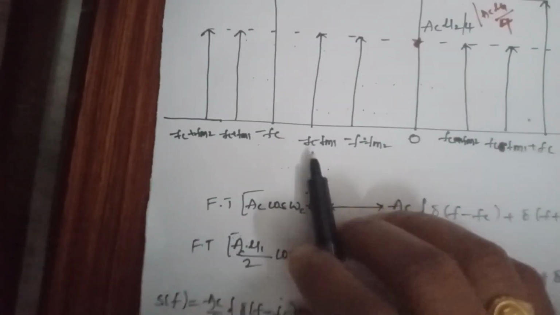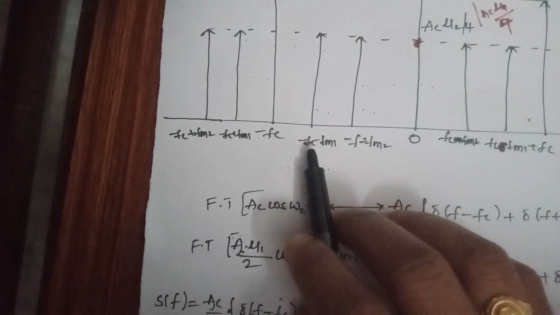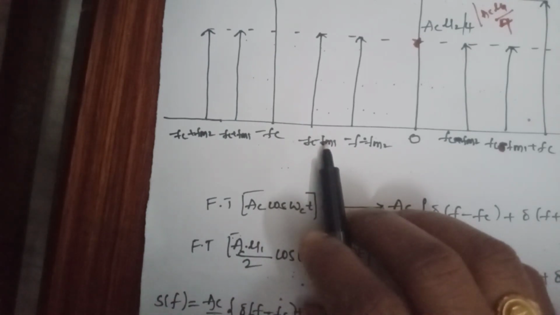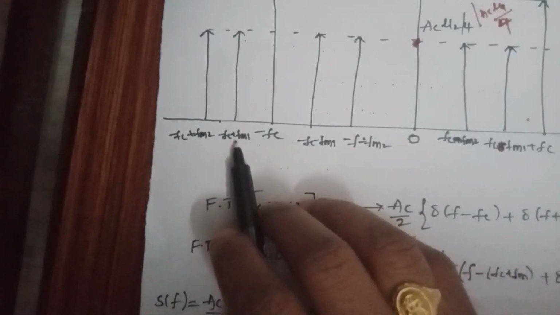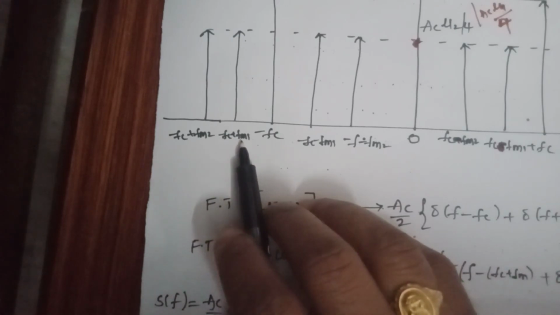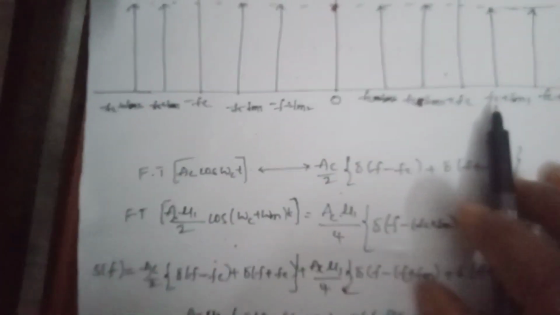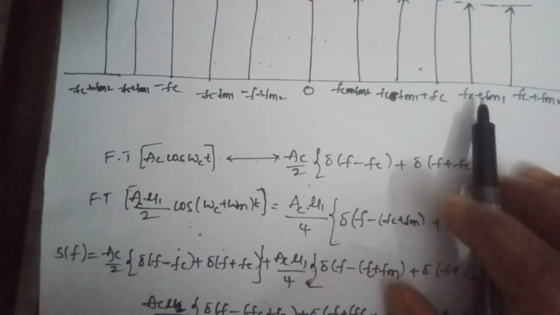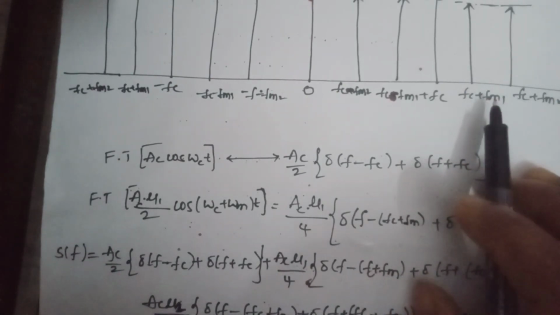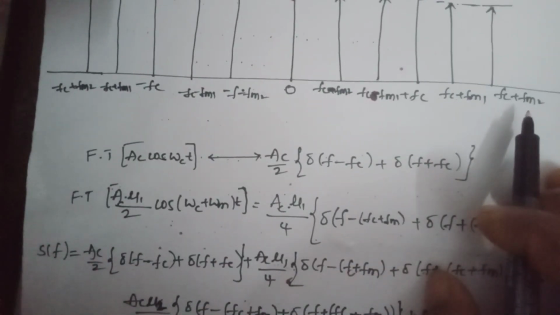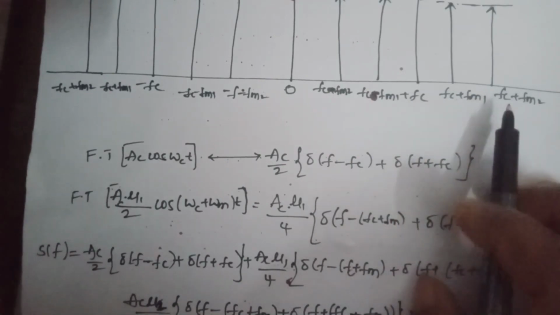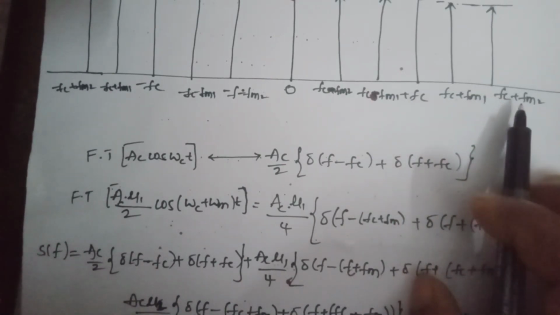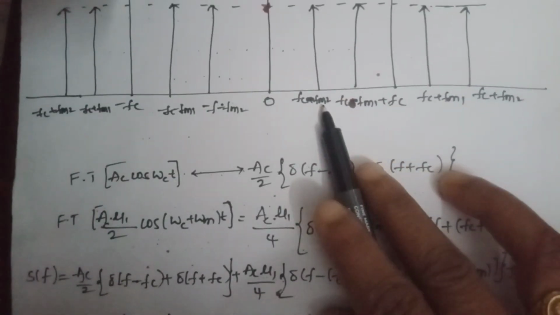Okay, next, this is related to the m1 modulating signal. Next, coming to here also we have minus fc minus fm1. Okay, next coming to here, minus fc minus fm1, so that is minus fc plus fm1. Okay, next related to the m2 signal, the second modulating signal, so that also has fc plus fm2 and fc minus fm2. Why?